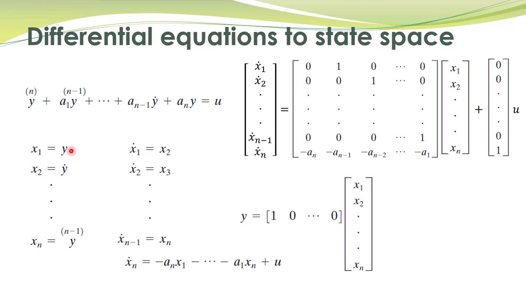We know that y is equal to x1, and that is written over here: y is equal to 1 multiplied by x1, and this is our standard state space representation of this system. So the procedure to convert a differential equation into state equations is very simple. We define new state variables and write the first order differential equations.